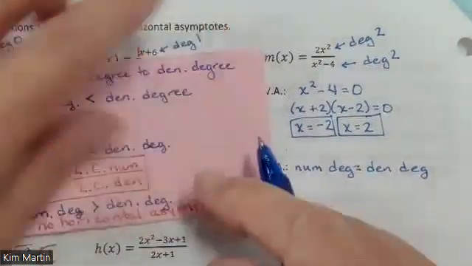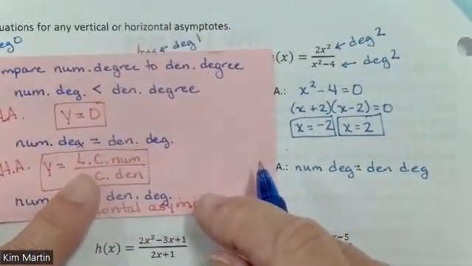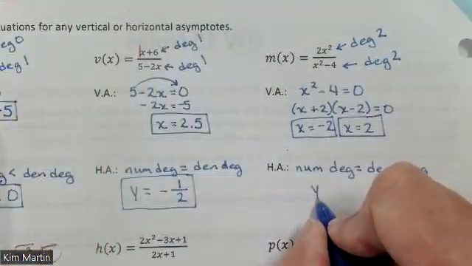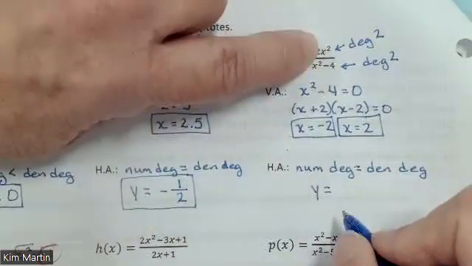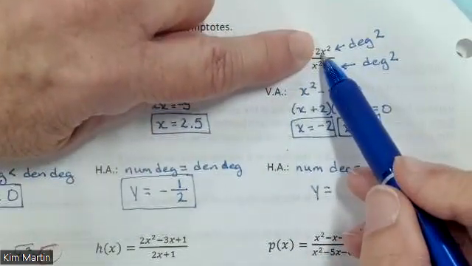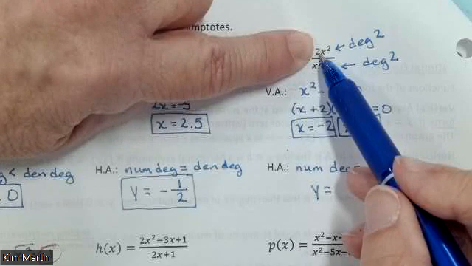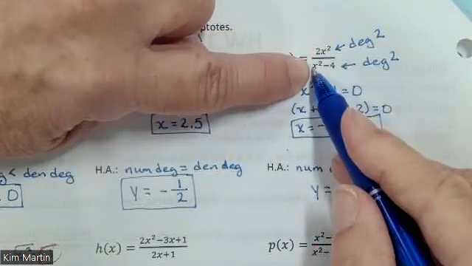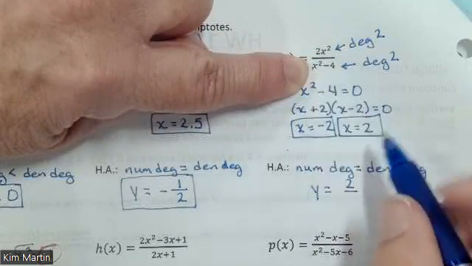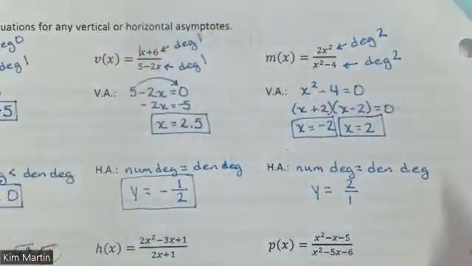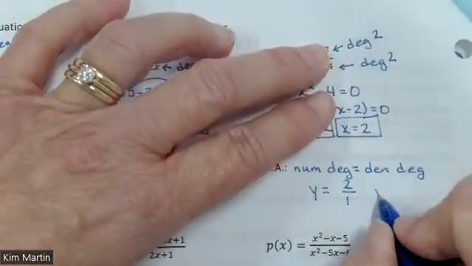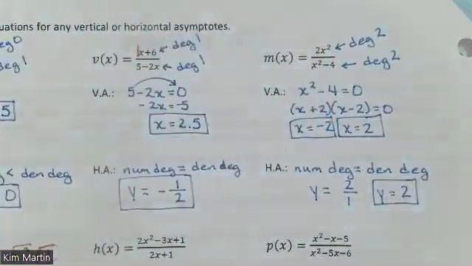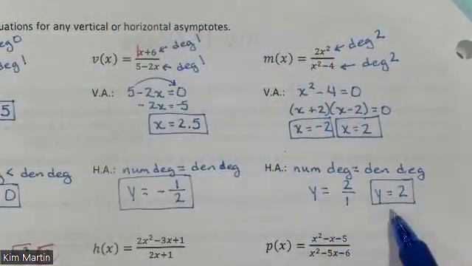You take this out and you go, oh, they're equal. Leading coefficient in numerator over leading coefficient in denominator. The leading coefficient here is a 2 because that's what's in front of my x squared. My leading coefficient here is 1, right? So it's 2 over 1, which is just 2. So y equals 2. I did it this way so you know how we got 2.